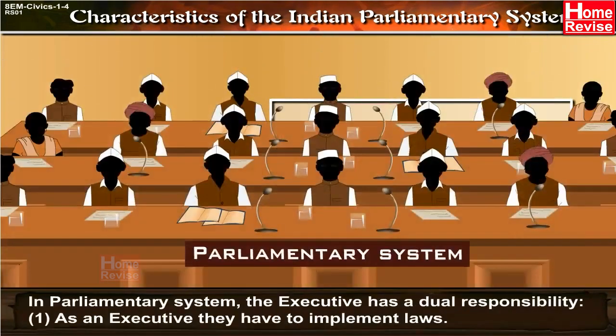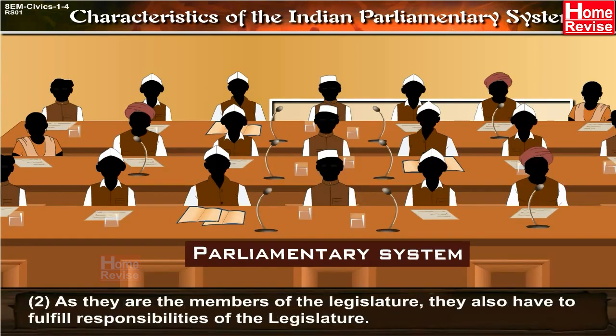In parliamentary system, the executive has a dual responsibility. 1. As an executive, they have to implement laws. 2. As they are the members of the legislature, they also have to fulfill responsibilities of the legislature.